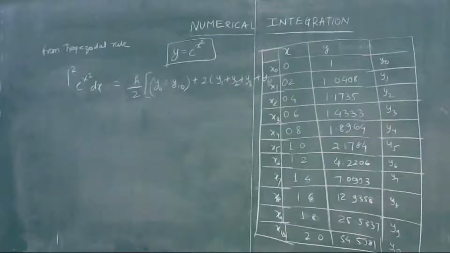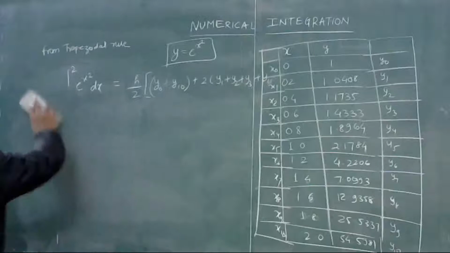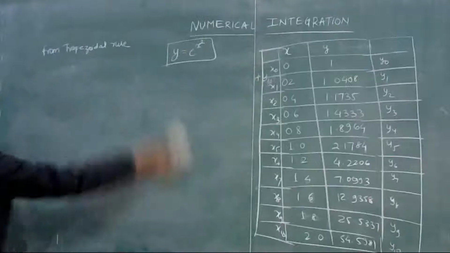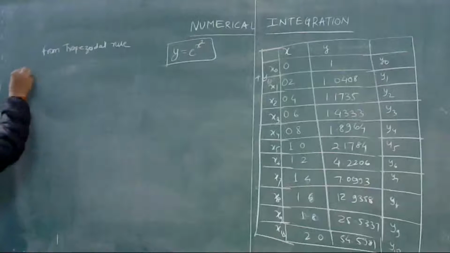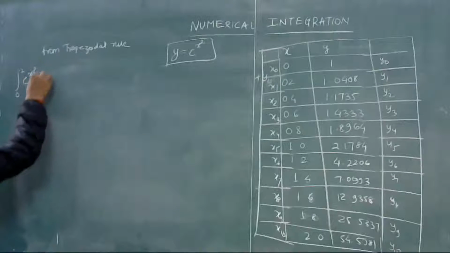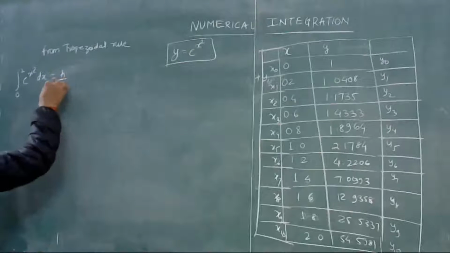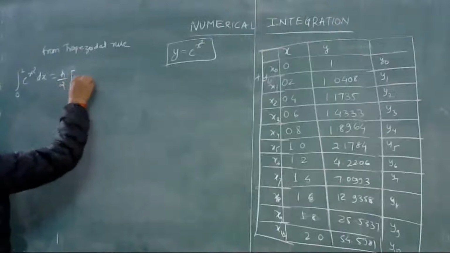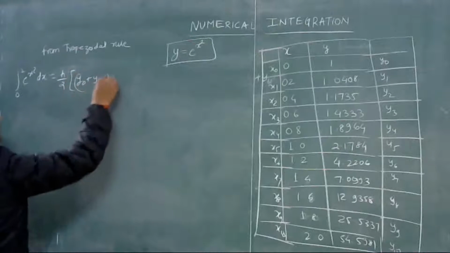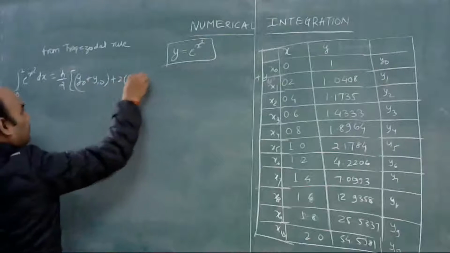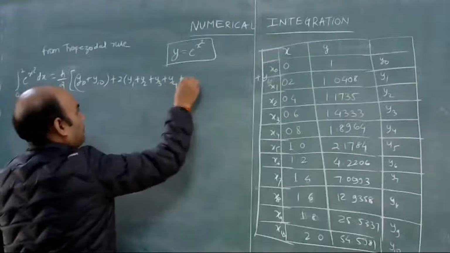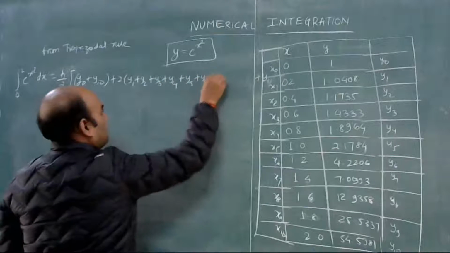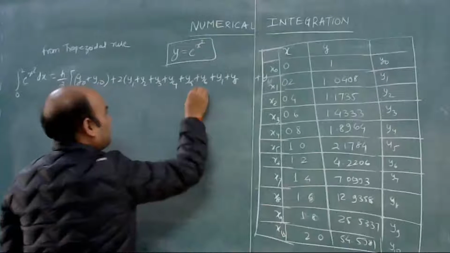So I will write this formula again. This is the integral from 0 to 2 of e to the power x square dx is equal to h upon 2, first term and last term, plus 2 times the rest of the values, y1, y2, y3, y4, y5, y6, y7, y8, y9.